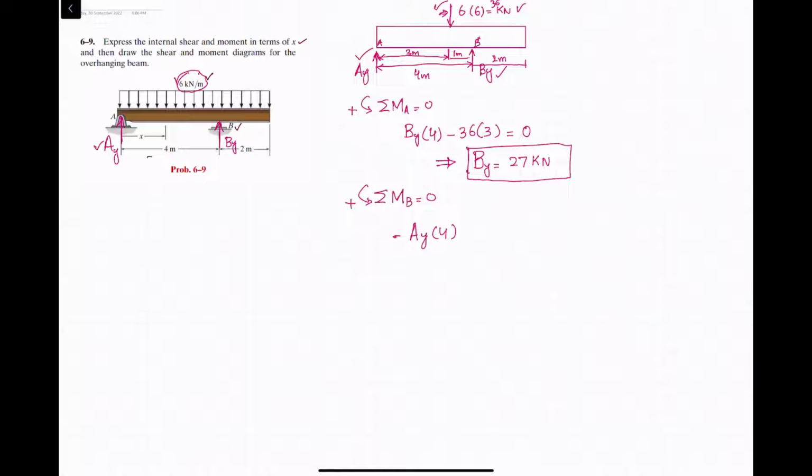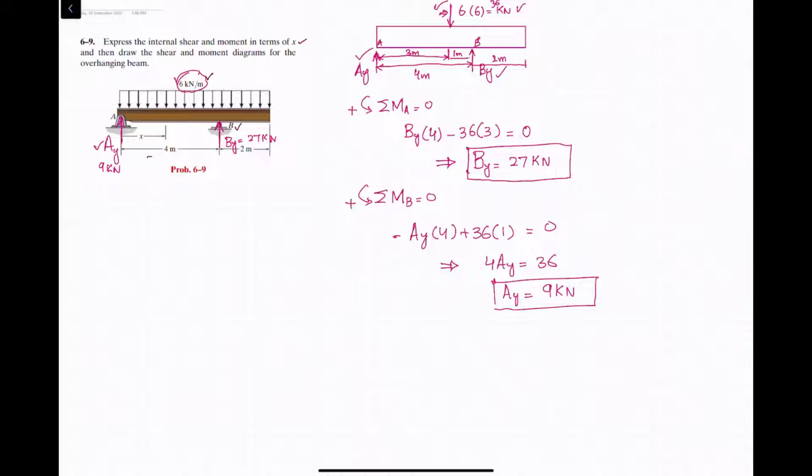The second force, 36 into perpendicular distance 1, is producing counterclockwise moment, so it will be positive. Their sum must be equal to 0. So 4AY is equal to 36 and AY is equal to 9 kilonewton. Now we have the reaction forces AY is 9 kilonewton and BY is equal to 27 kilonewton.